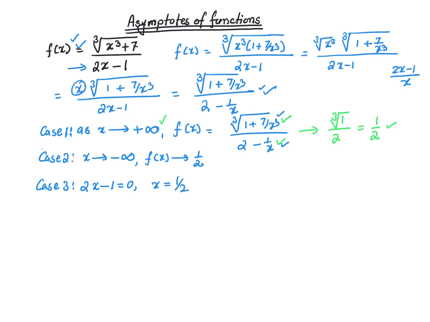So at x equal to 1/2, this function has a vertical asymptote. So what happens in that case? The function approaches positive infinity or negative infinity. So it's going to approach either plus or minus infinity depending on which side you are approaching it from.